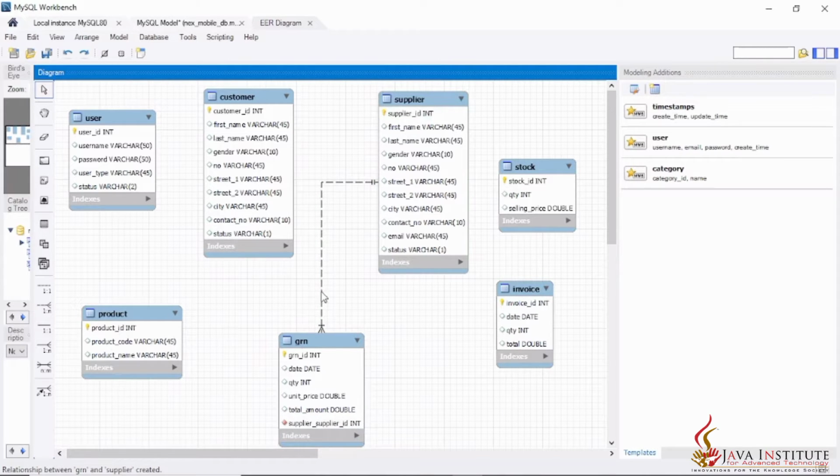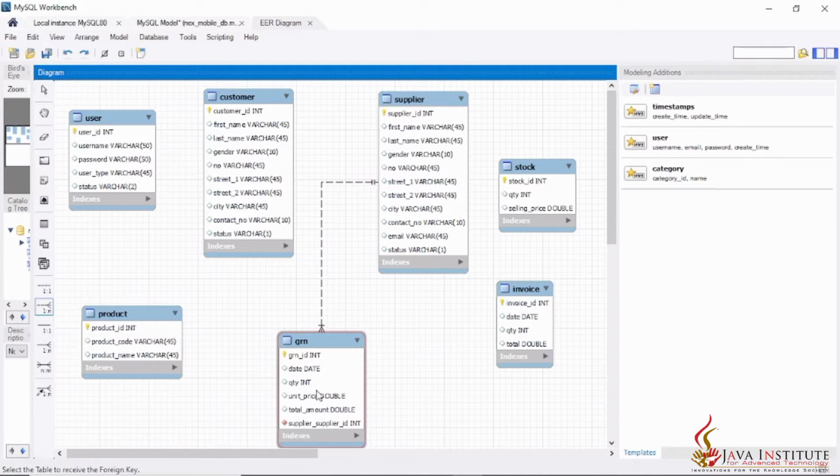For a single GRN there can be many products; GRN is the abbreviation for goods receive note. For a single GRN there can be many products, but for a single product there is only one GRN at one time. So I have to create a one-to-many relationship between those two tables also.